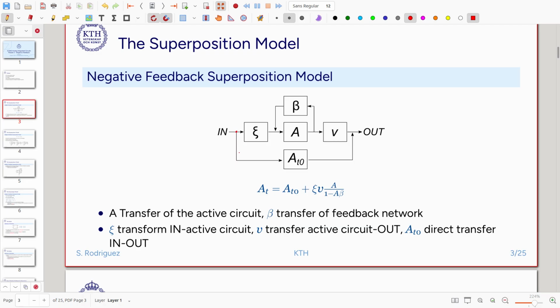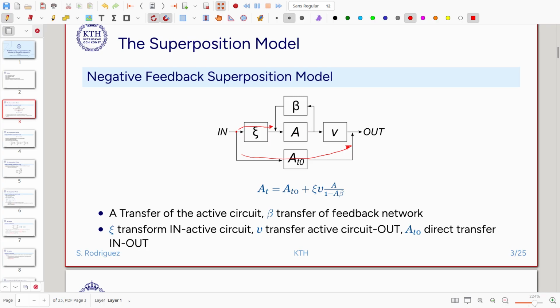There may be one path that goes directly to the output of the system here, and one path that goes inside. And this part we call an attenuation. This is an input attenuation. And then it enters an amplifying stage that we call A here.